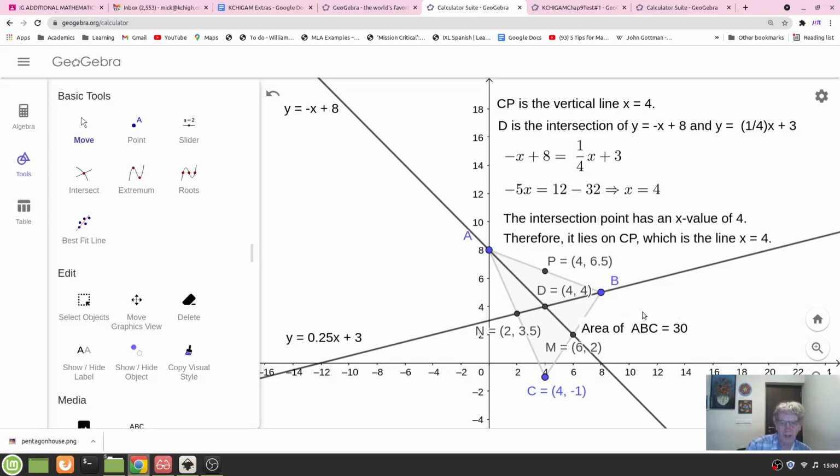There's a way to do that using one of the formulas for area. It looks like a nice challenging problem to do by hand, but look how easy it is to do it by technology. Okay, that's how you use GeoGebra to solve a geometry problem.